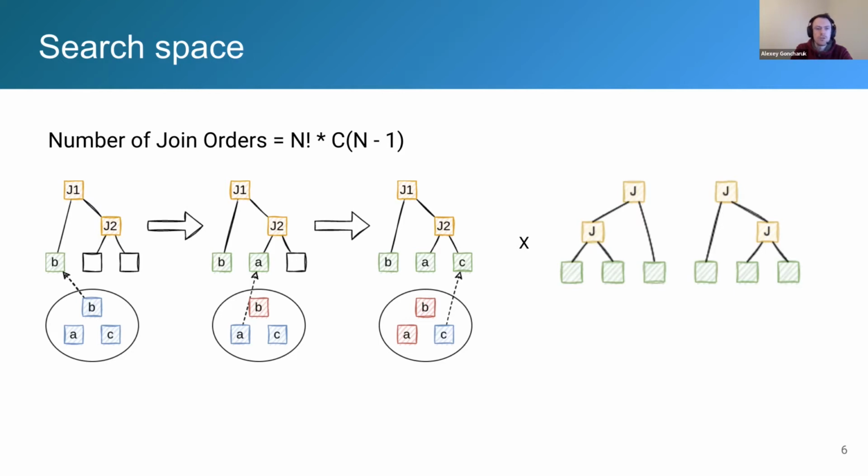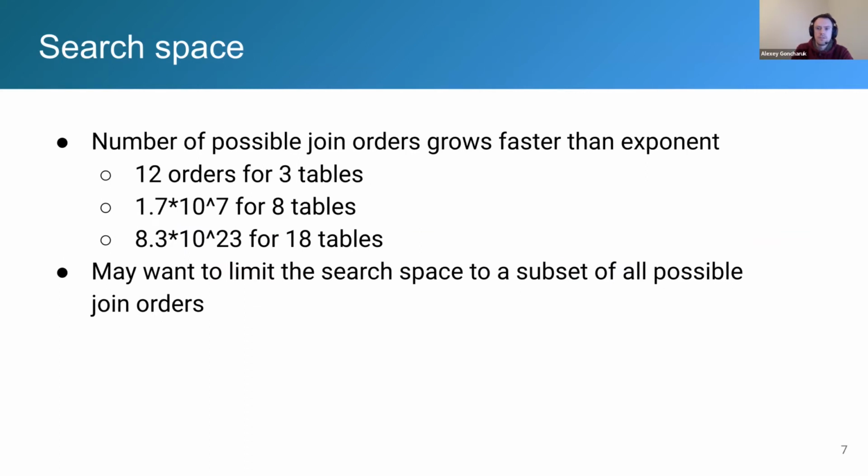The number of possible orders of leaf nodes is the factorial of the input relations, and the number of join tree shapes is the Catalan number of n-1. Since the total is the product of n factorial and a Catalan number, the number of possible join orders grows faster than an exponent.